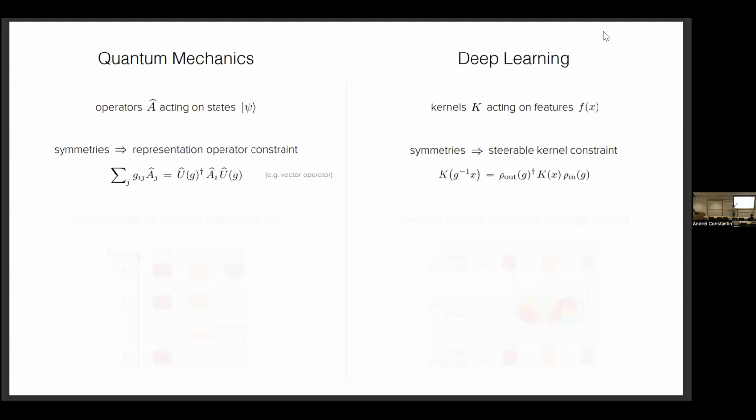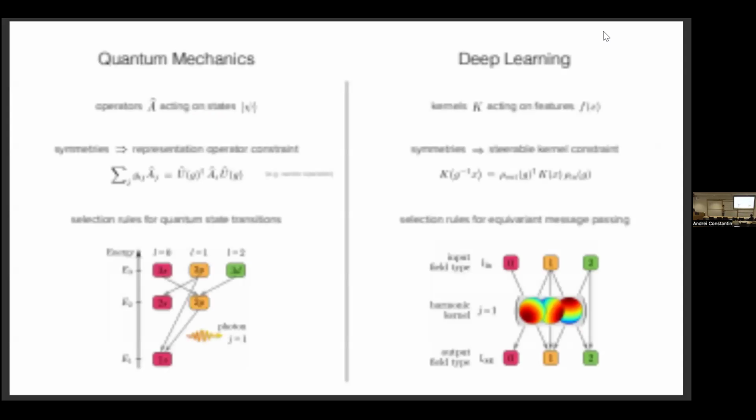Specifically here, I'm writing down a vector operator constraint. Just imagine that Aj would be, let's say, linear momentum operators. Then you have momentum P1, P2, P3, and they mix in a certain way according to this representation here. You have basically a mixing of operators, which is equal to acting on the input and output space of the operator. And that corresponds exactly to our steerability constraint.